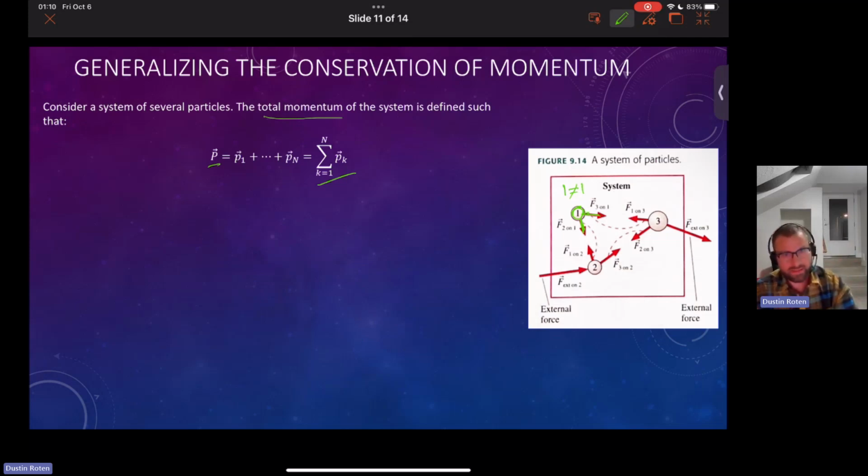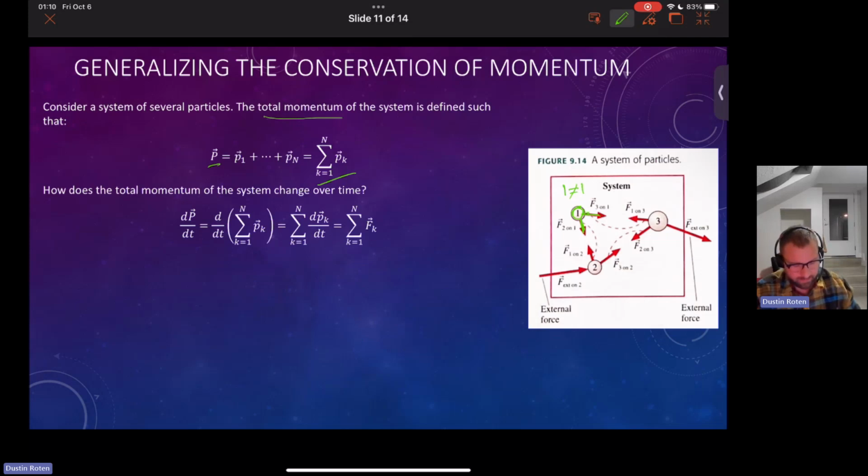Okay, so we can add all these momenta up, and that's our total momentum of the system. Now the question is, how does big P change over time? Well, we can take the derivative of it. If we take the derivative of big P, that means we need to take the derivative of this side, and I've done that here.